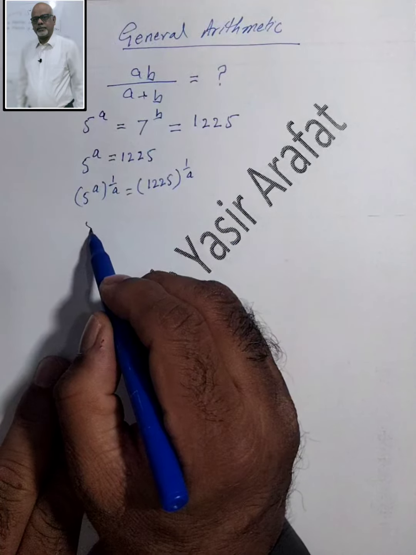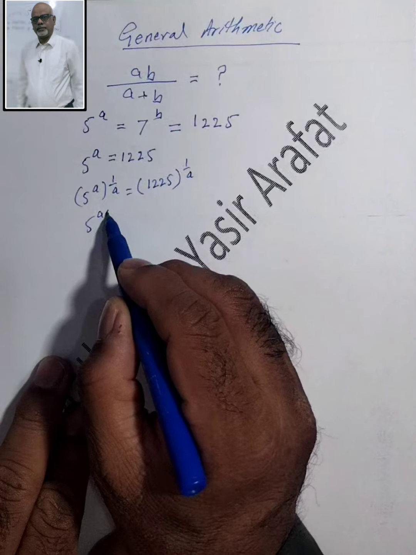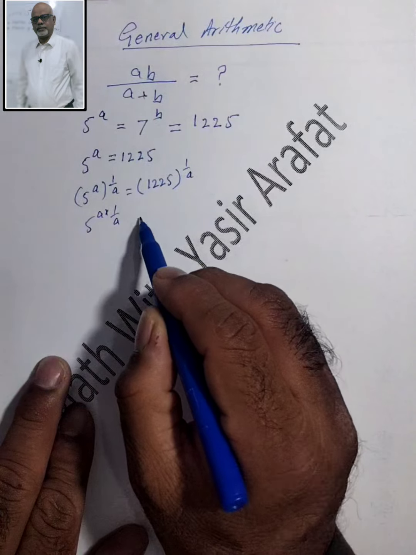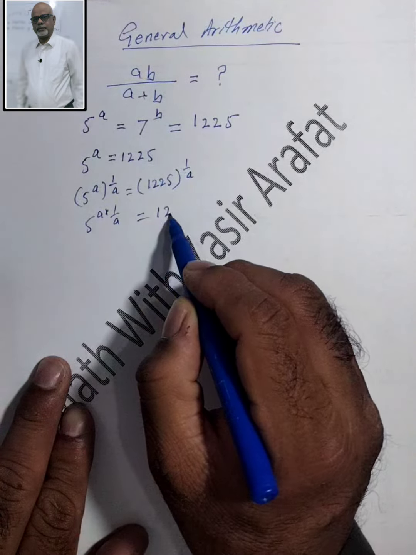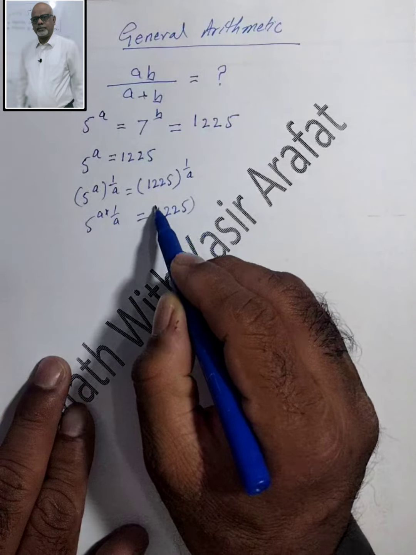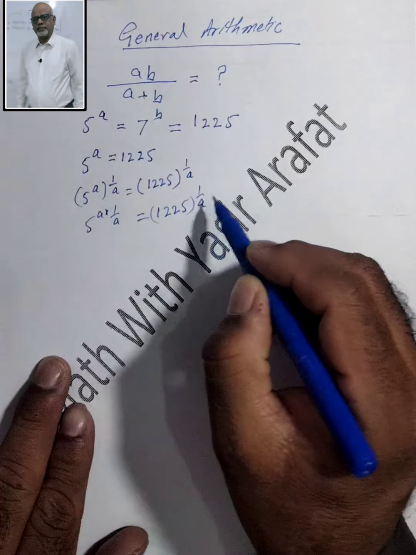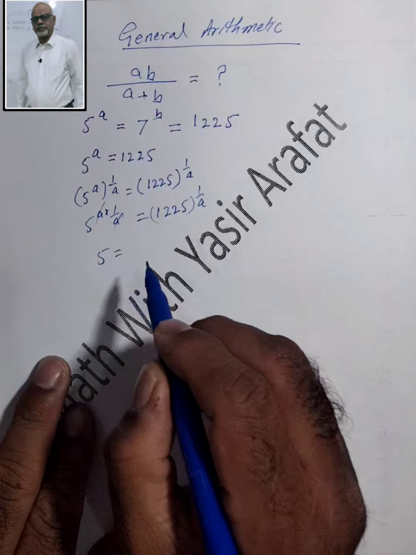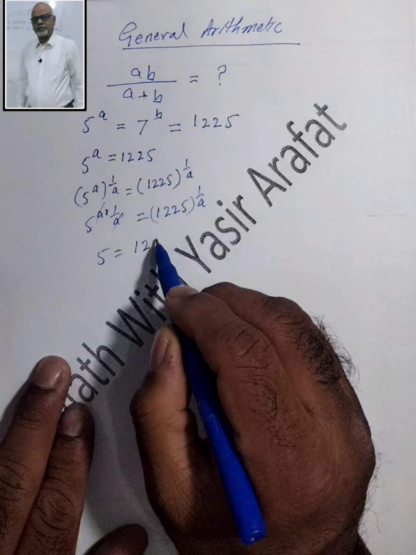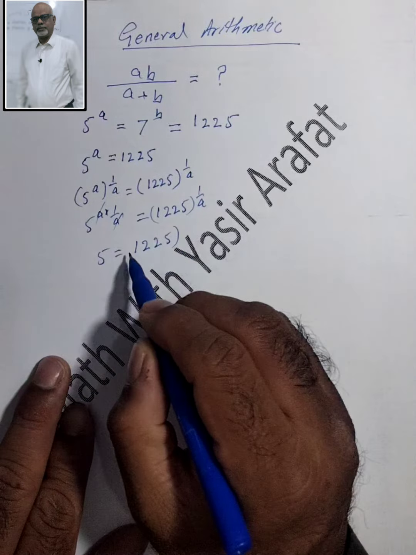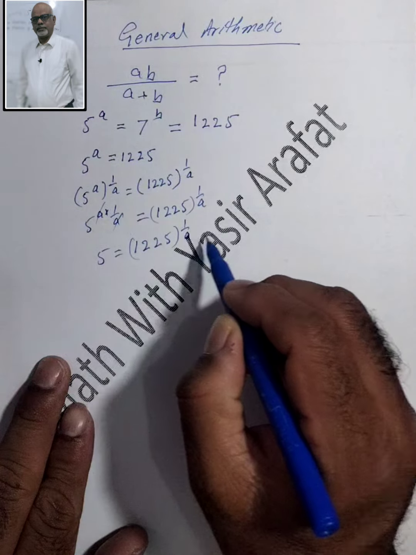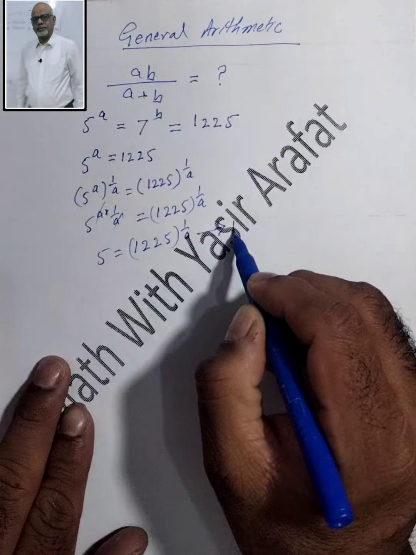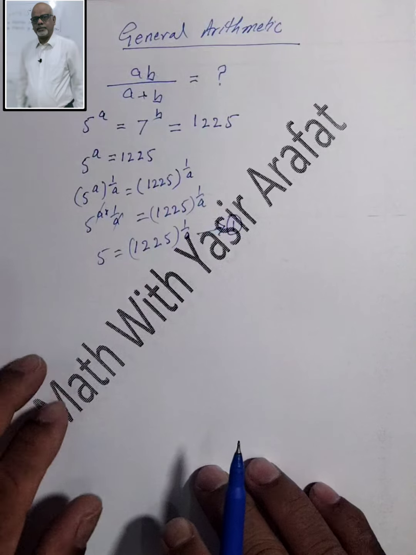Here we apply the power rule: a multiplied by 1 over a equals 1225 to the power 1 over a. So this a cancels out, and 5 equals 1225 to the power 1 over a. This is equation number 1.